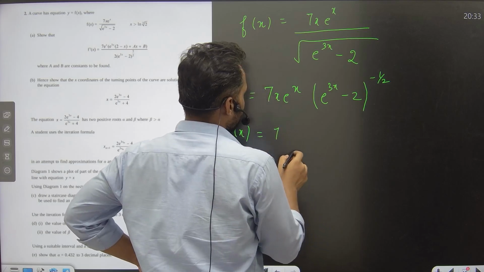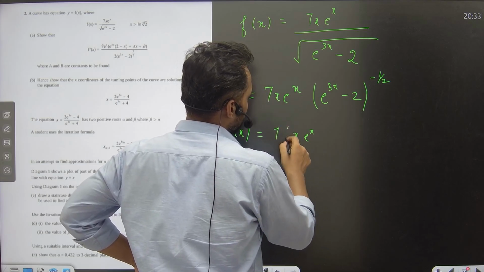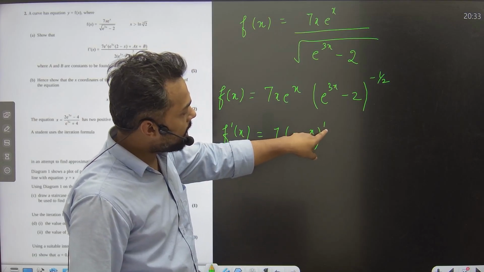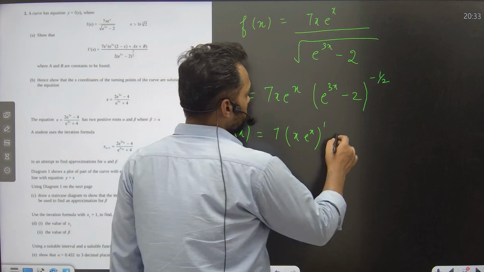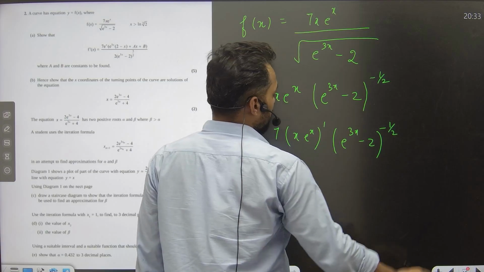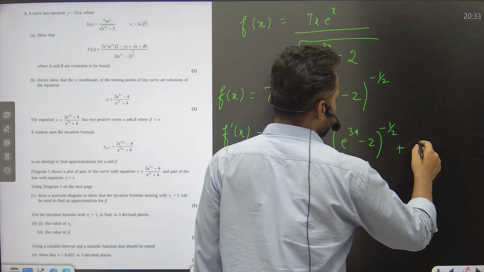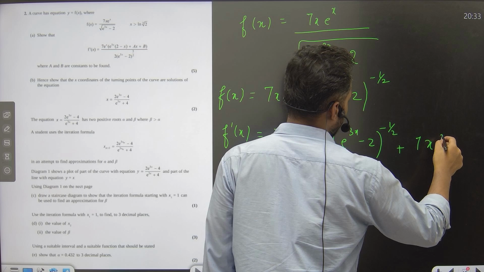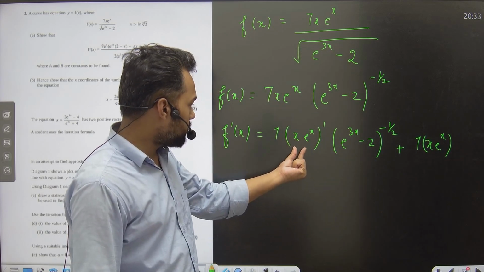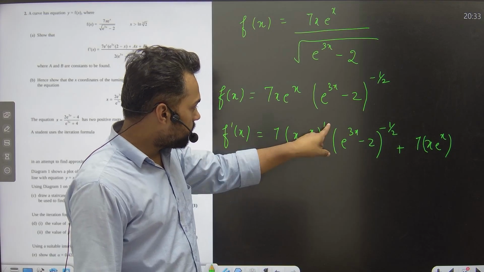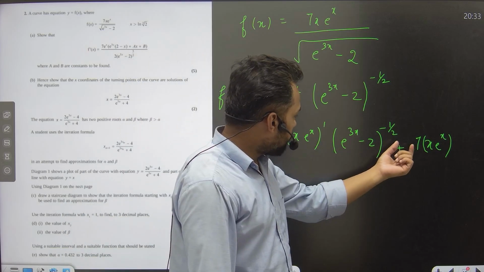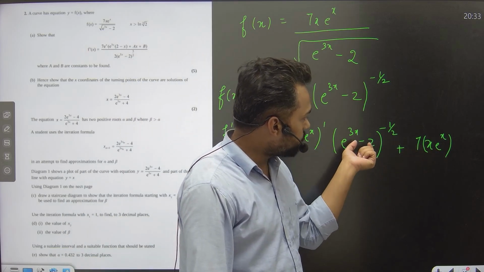So 7 times the differentiation of x e raised to the power x, first part differentiated, I've marked it with a dash here, into e raised to the power 3x minus 2 raised to the power negative 1 by 2, plus again 7 x e raised to the power x. I am applying the chain rule here. For the first function I have done the differentiation, I've written a dash in place of differentiation. Now in the second part, the first part will remain constant and the derivative of the second part will be written.